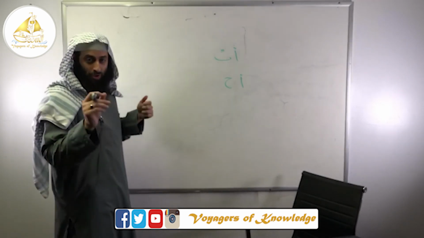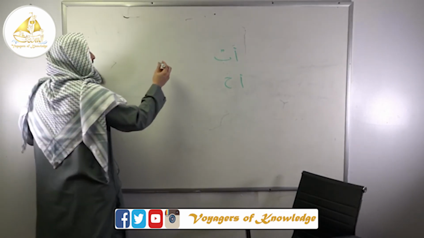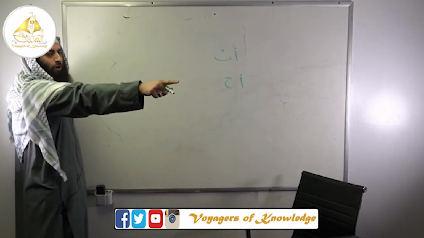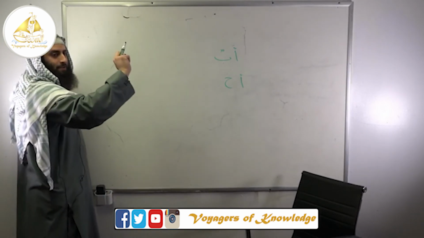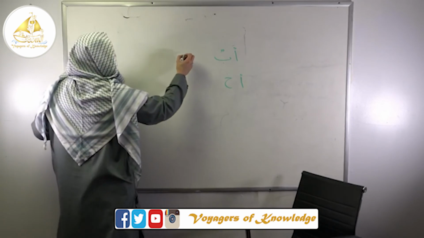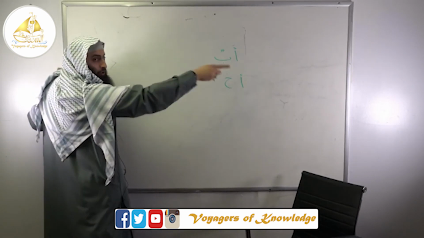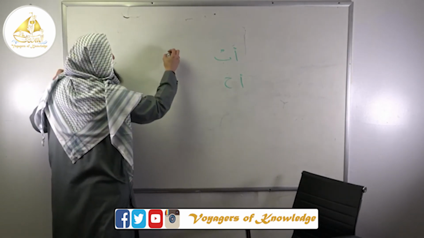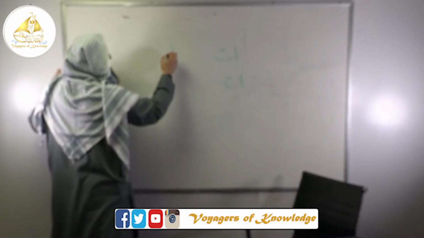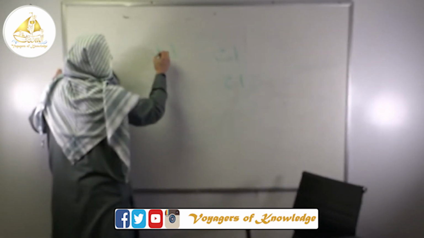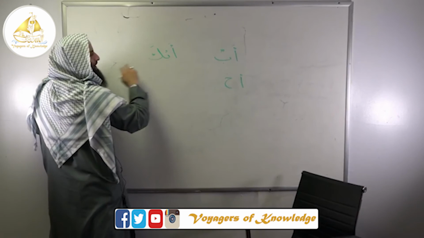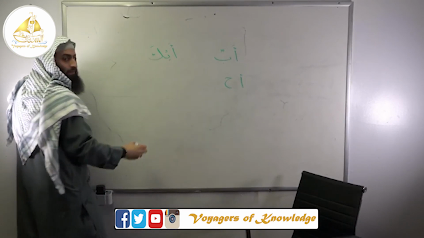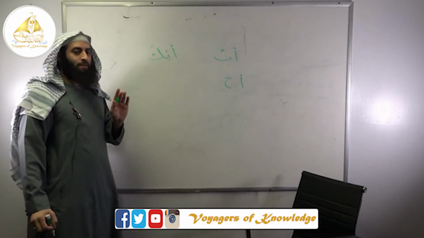What does it mean to be mudaf? If I want to say your dad, what am I going to do to add kaf? Do I write it like this? Abuka?